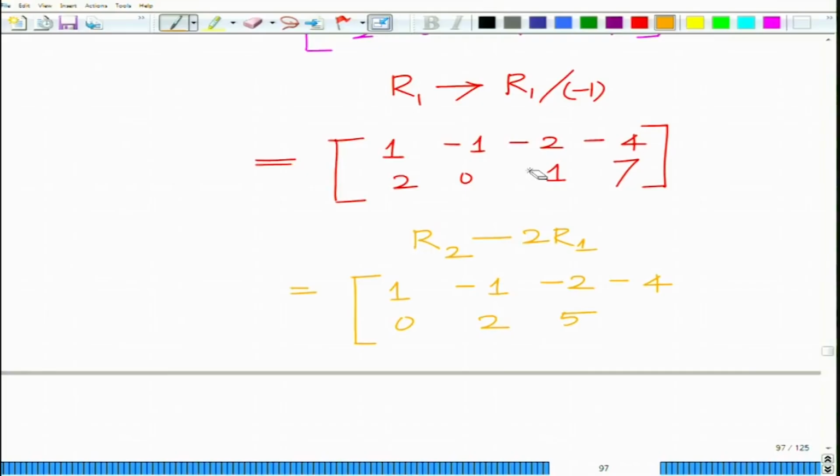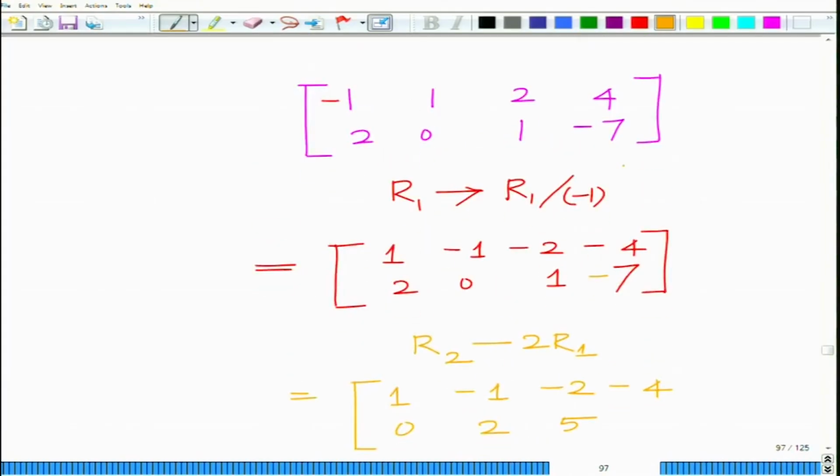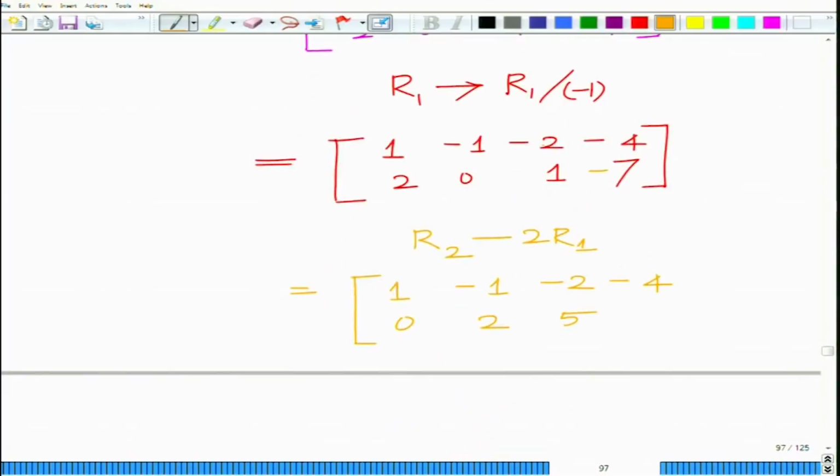I am sorry, this is 2, 0, 1, minus 7. So, 1 plus 4 will be 5, and minus 7 plus 8 will be 1. So, this is what you get.